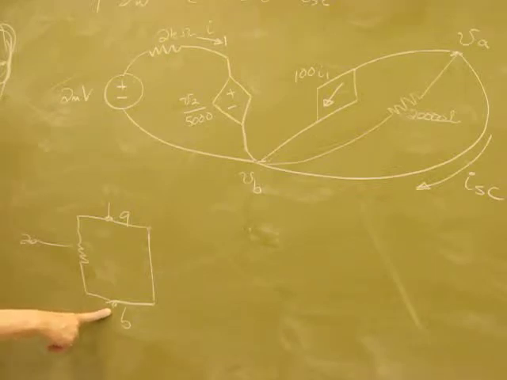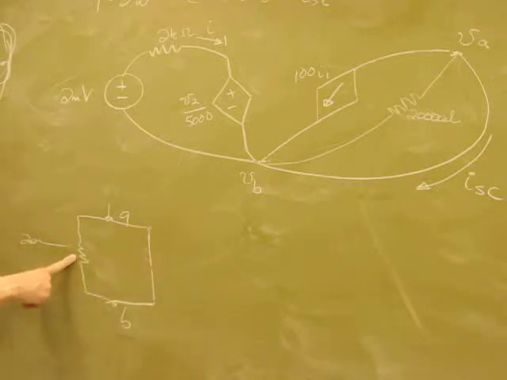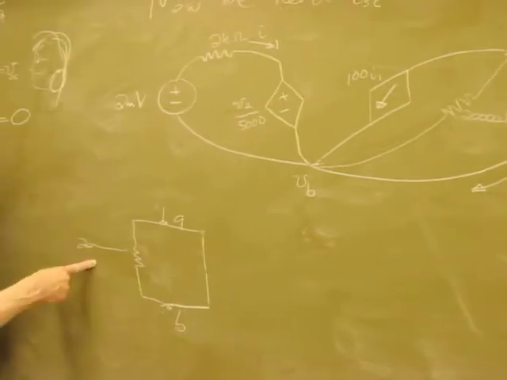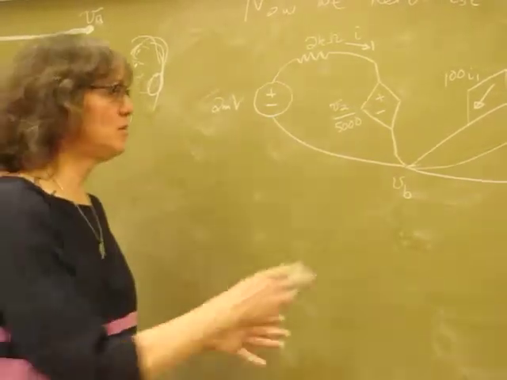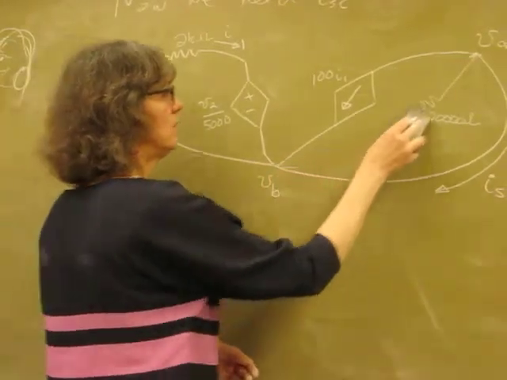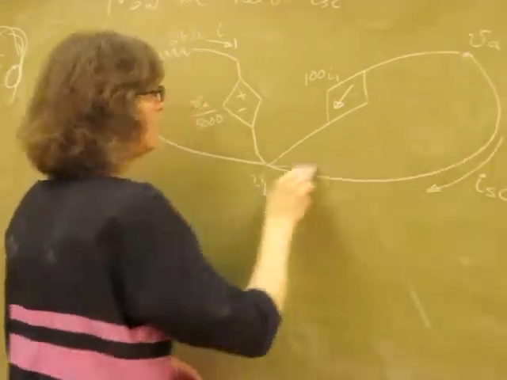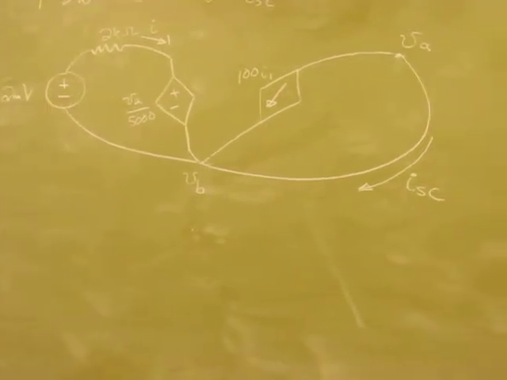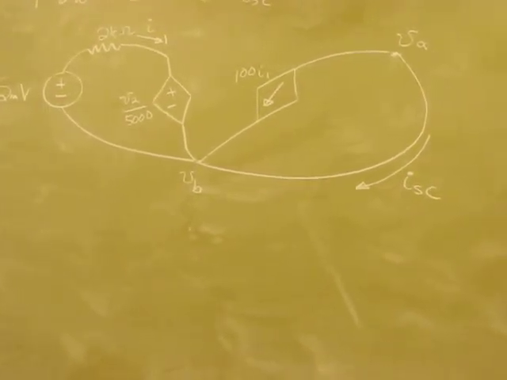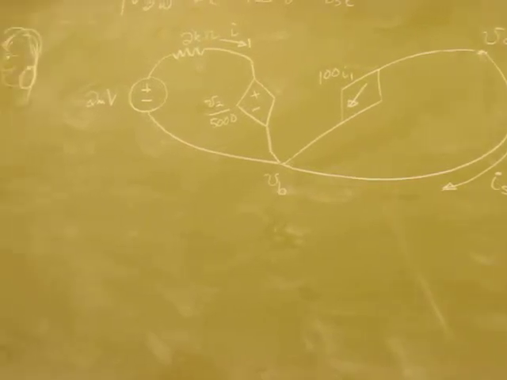For two parallel resistors, it's the resistance of this times the resistance of this over this plus this. So it's 0 over 2 million, which is 0. So it's just a wire. So that's why I can just get rid of it. If you kept it in there, you'd still get the right answer, but the math would be harder.